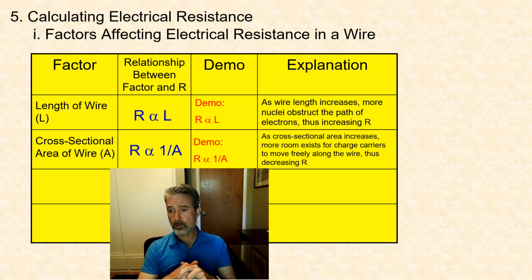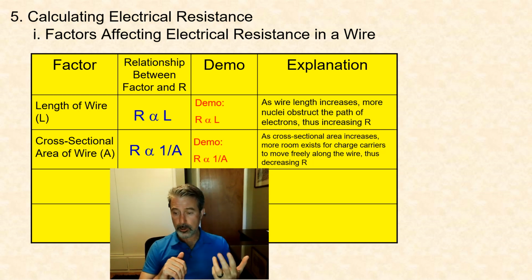As we'll find out, when you look at a very thin wire, like the filament of a light bulb itself, the filament of an incandescent bulb is designed to be extremely thin in order to provide a really high electrical resistance so that it heats so much, the temperature increases so much that it can actually emit light. So we see that thick wires produce less resistance and less heat than do thin wires.